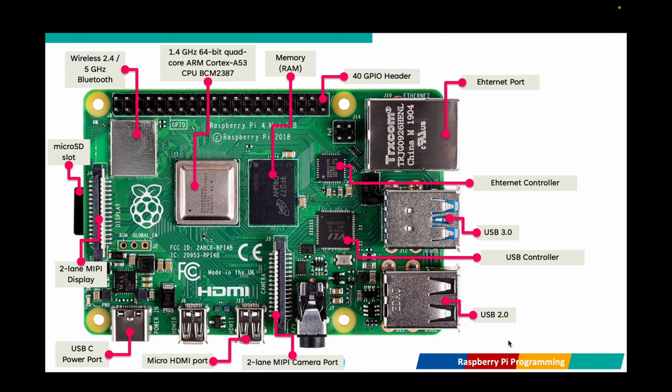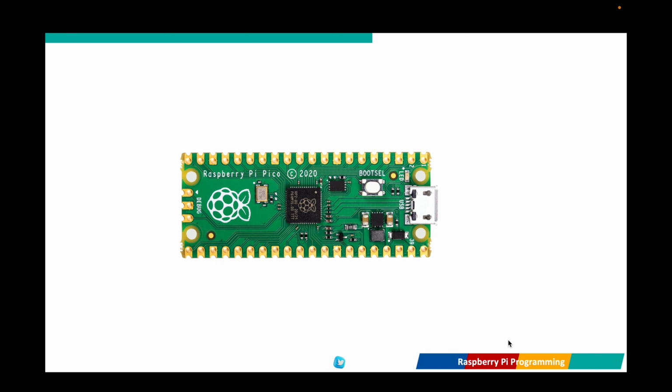Now, these camera and display ports enable connection with the Raspberry Pi camera module for projects involving computer vision and photography. The DSI display serial interface port allows the use of a Raspberry Pi touchscreen display, and this is the stereo audio jack.